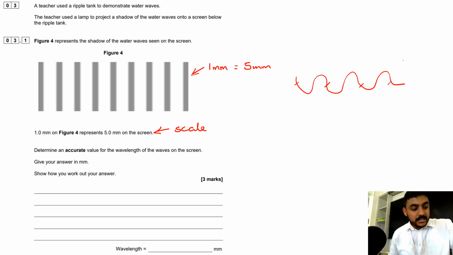But the answer should be from here all the way to here, the distance across all 8 wavelengths should be 113 millimeters. And why do I say all 8? Well, from here to here is 1.